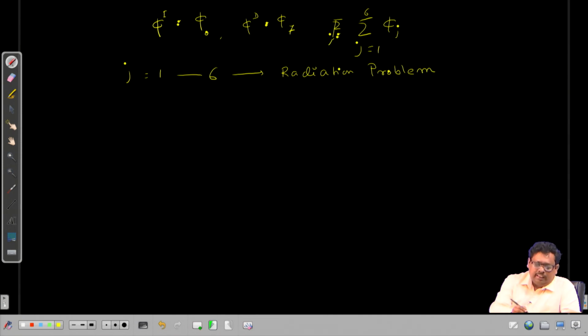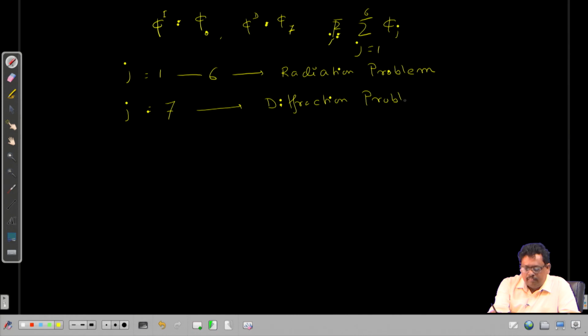Okay. And then from j equal to 7, this is the boundary condition for the diffraction problem. Now, let us try to understand the condition for the radiation problem.